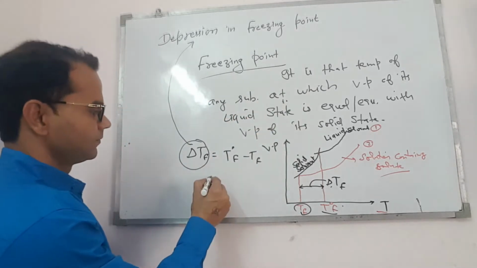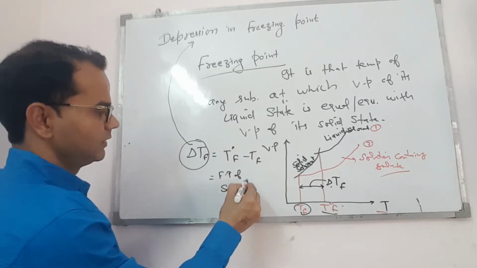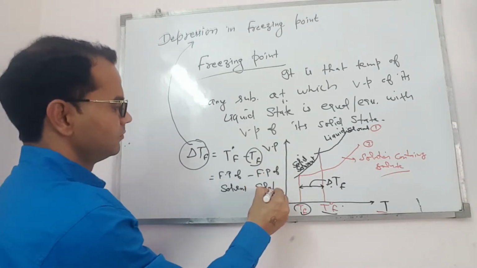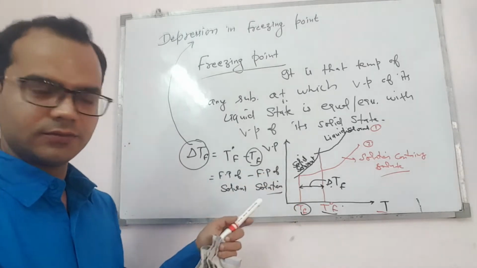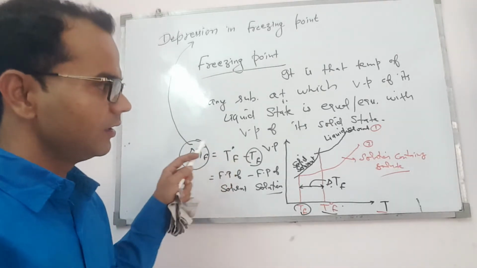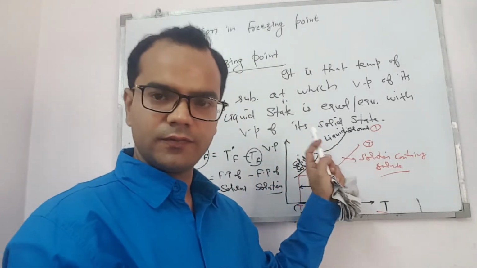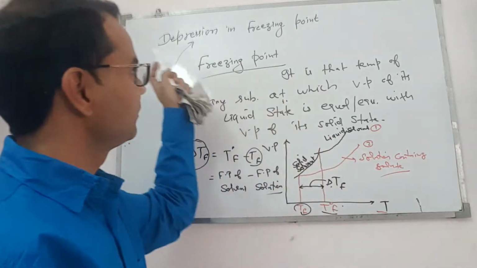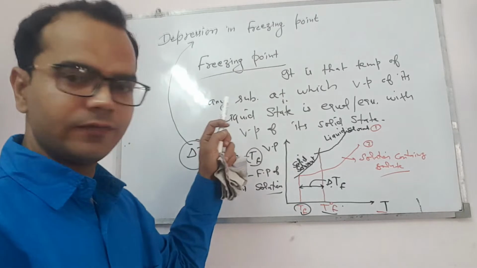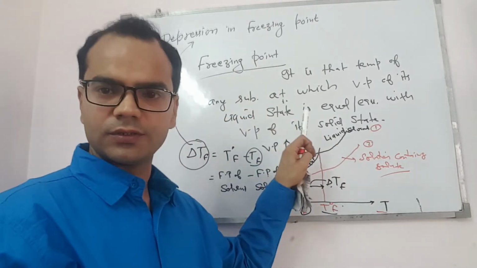T naught F is the freezing point of the solvent, TF is the freezing point of the solution. So delta TF is the depressed temperature when a solute is added to a pure solvent and hence a solution is formed. Easy. So what do you mean by depression in freezing point? It refers to the decrease in freezing point of a solution when a non-volatile solute is added to a pure solvent.